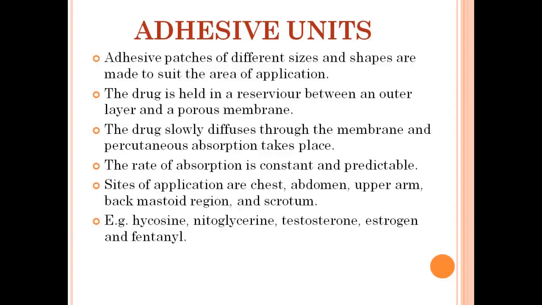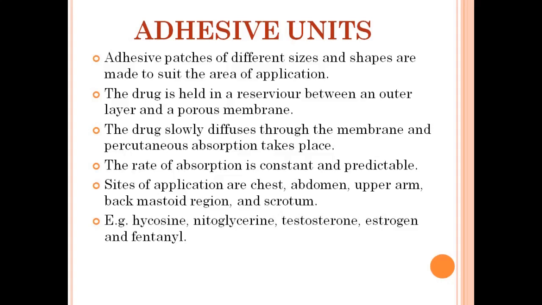The adhesive units are patches of different sizes and shapes, and they are made in such a way that they suit the area of application. The drug is held in a reservoir between an outer layer and a porous membrane. The drug slowly diffuses through the membrane and percutaneous absorption takes place.